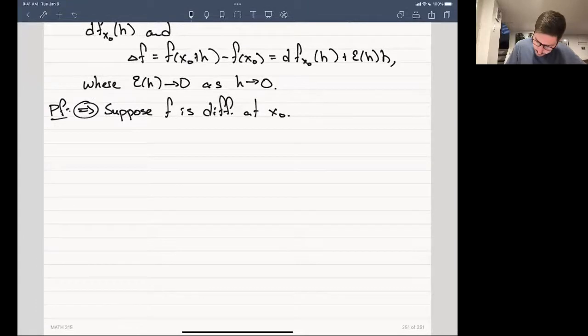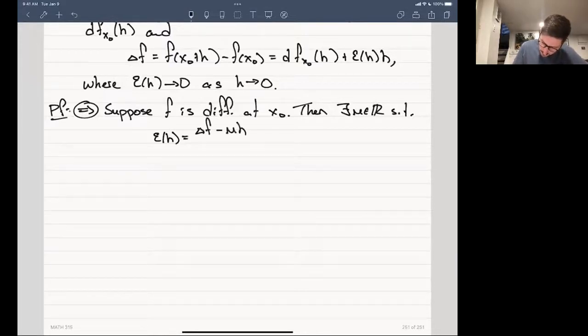So then there exists some m such that, well, from the definition of differentiable, the epsilon term, the error term, delta f minus m times h over h goes to 0 as h goes to 0. Just the definition of differentiable.